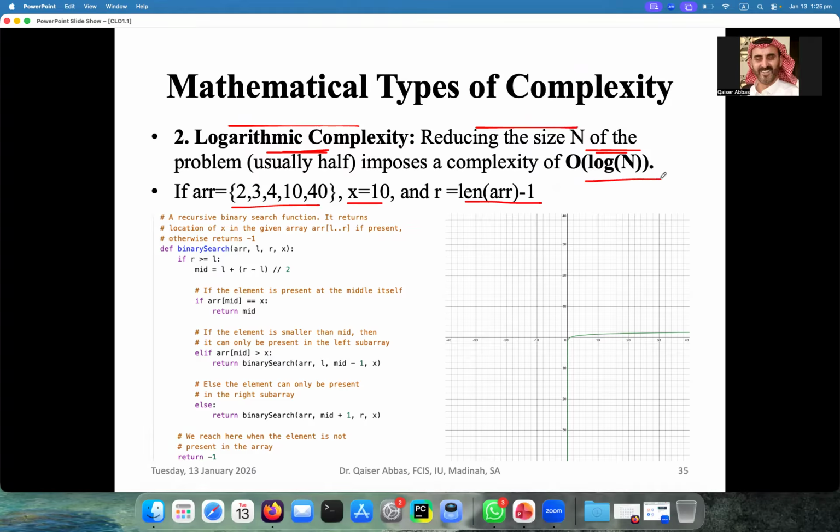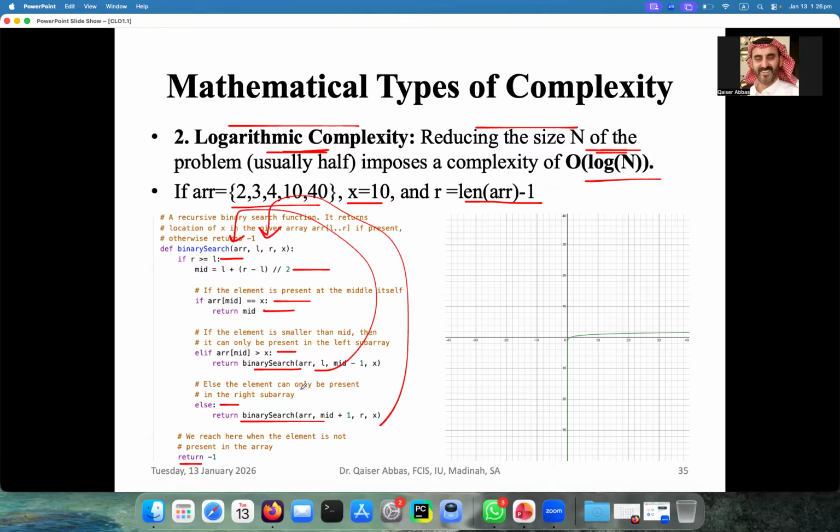If I go quickly, this comparison is order of 1, assignment is order of 1, and so on. Recursive call, order of 1. Due to this recursive call, the problem is divided into half. We know that because it is binary search.